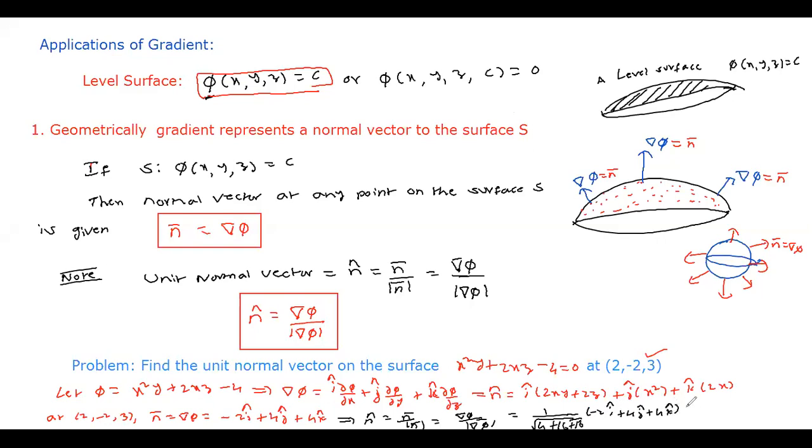Is it okay? That is how we can find the unit normal vector at a given point on the surface.